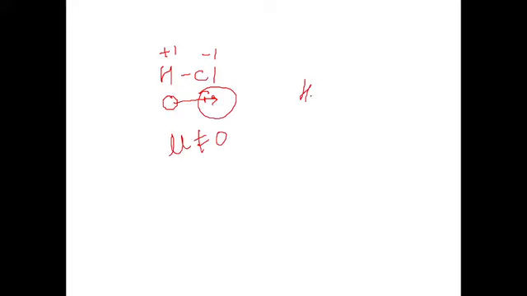But if we consider the homonuclear molecule, the H2 molecule, one hydrogen has a +1 charge and the other has a -1 charge. Both hydrogens have the same size, so this +1 charge is neutralized by the -1 charge, which gives 0.